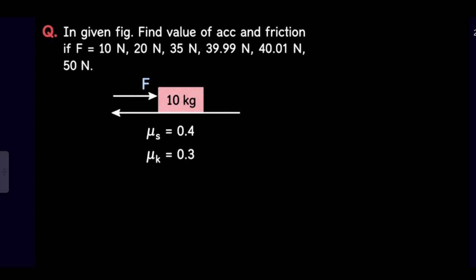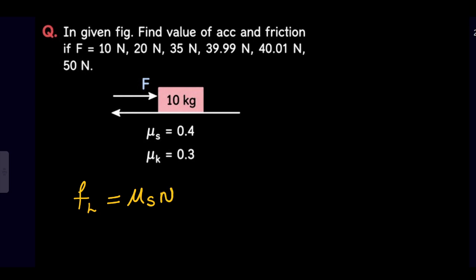So we need to find the limiting friction first. The limiting friction formula is given as FL, which is equal to mu s into N. Remember, mu s into N.